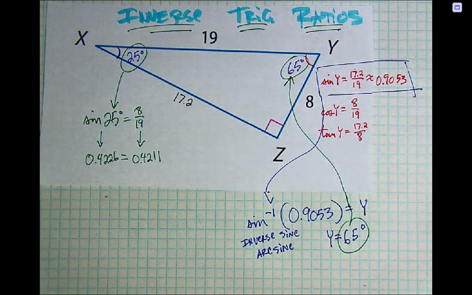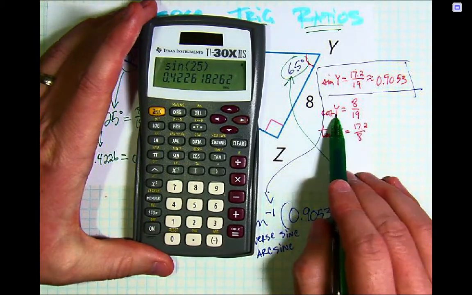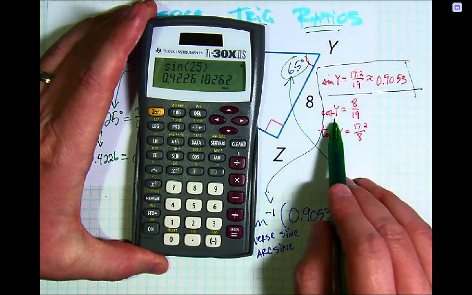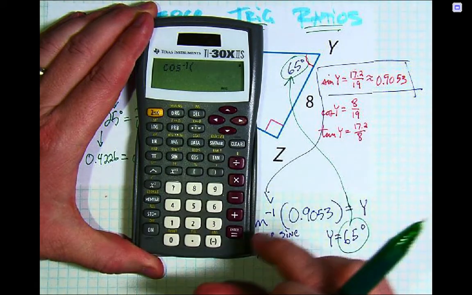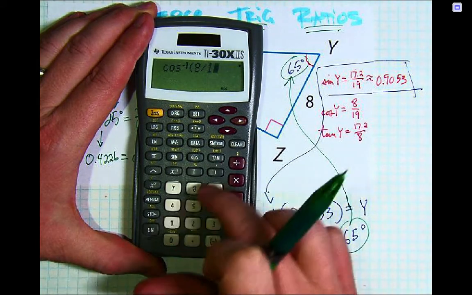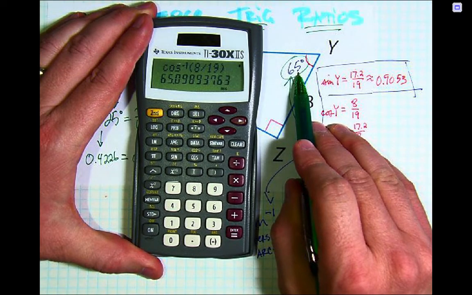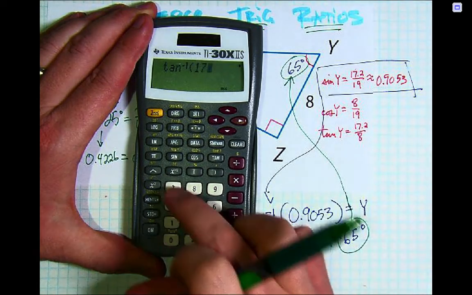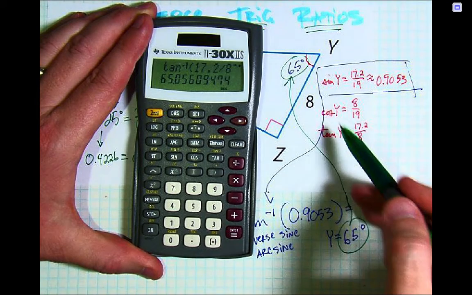And just to show you that over here on my calculator, if I do the inverse cosine of 8/19, I should still get 65 degrees, theoretically. Let's test it out. Inverse cosine of 8 divided by 19. Ah, there it is. Okay, let's try inverse tangent of 17.2 divided by 8. 65 degrees.